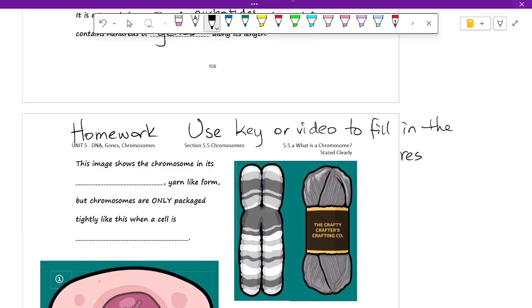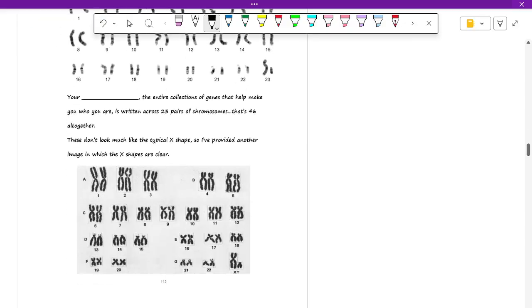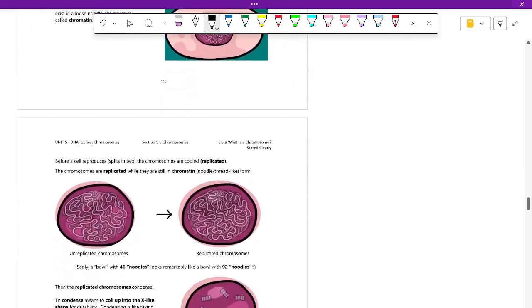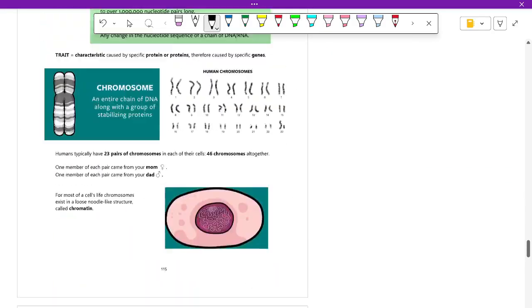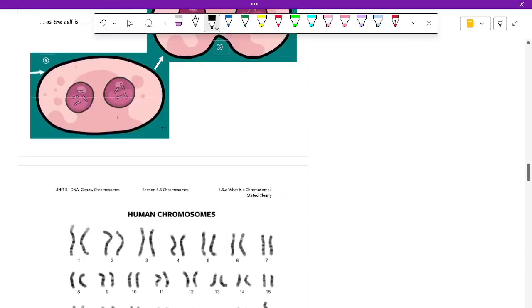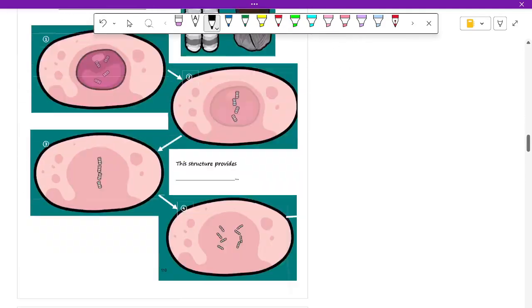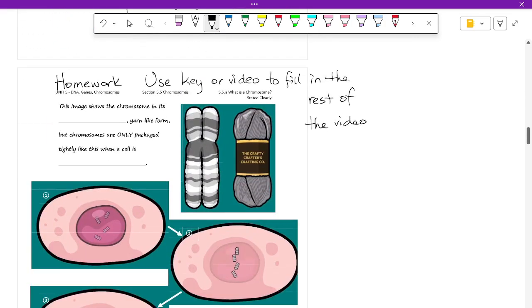How are you going to access the video? So that's going to be pages up to 116. So that's going to be pages 110 to 116.